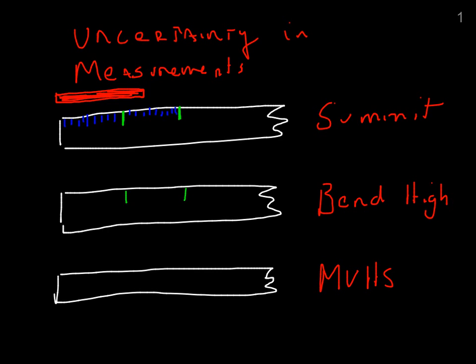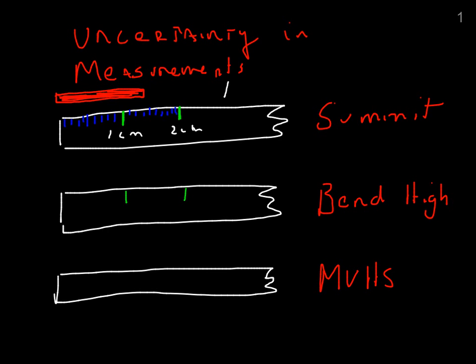If I'm going to measure this with the Summit ruler, I would look at that and I would go, okay, I know for certain that it is 1 centimeter, because this mark right here is the 1 centimeter mark. This is 2 centimeters. I know for certain that it is at least 1 centimeter, so I'm going to put down a 1.